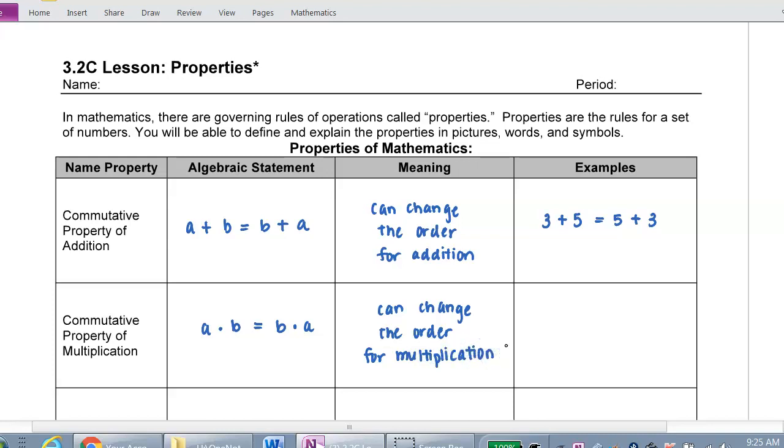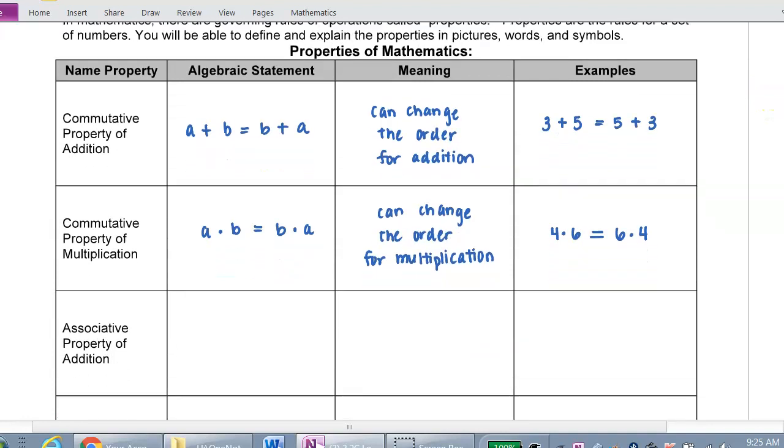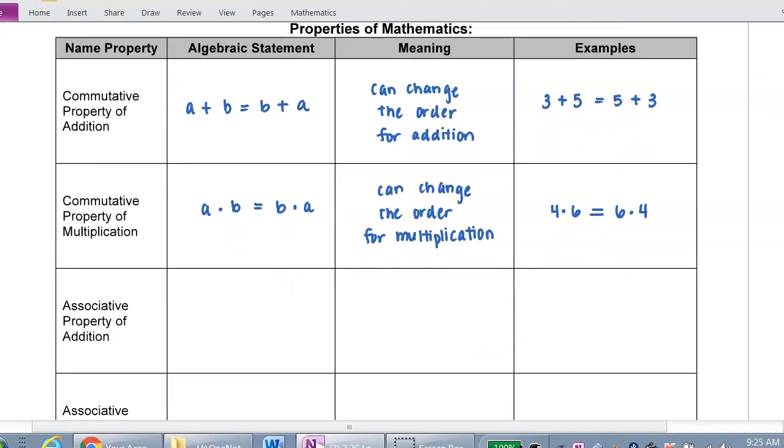So changing the order of the factors does not affect the product. And as an example, we can say that 4 times 6 is equal to 6 times 4. And once again, if I simplify both sides of the equation, I have 24 on the left and 24 on the right, proving that the order of the factors does not affect the product.